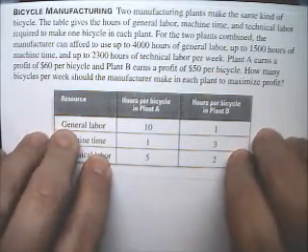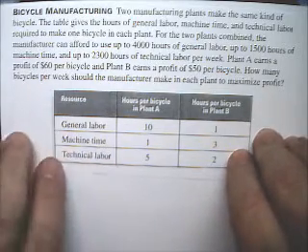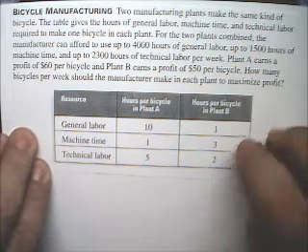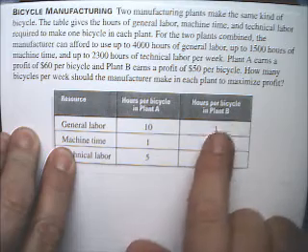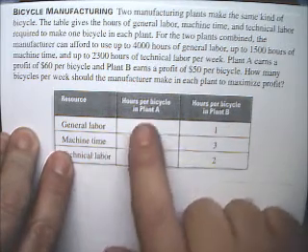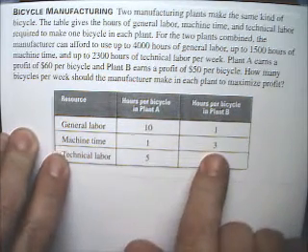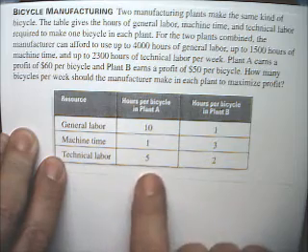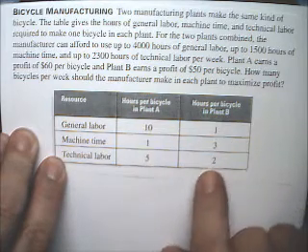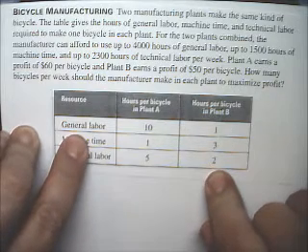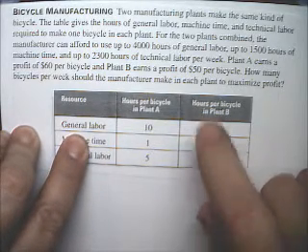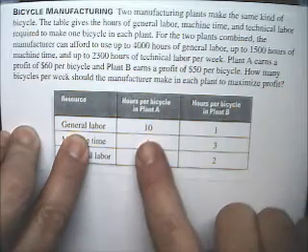So it's pretty complicated. They're talking about making bicycles, and they talk about the general labor that it takes in plant A and plant B, the machine time in plant A and plant B, and the technical labor in plant A and plant B in this table. And it also says the general labor can be up to 4,000 hours.